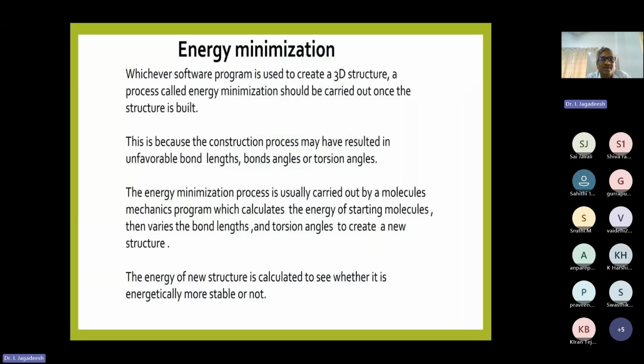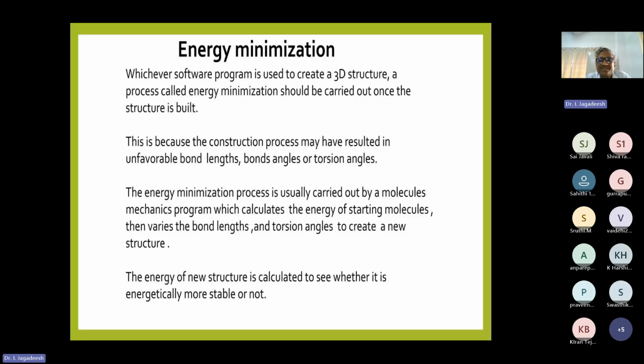Now coming to energy minimization. Whatever software we use is used to create the 3D structure from the single line structure, that is SMILES, which you have got, and the two-dimensional structure like a mol structure, where a structure is represented in matrix form, that is length and breadth.